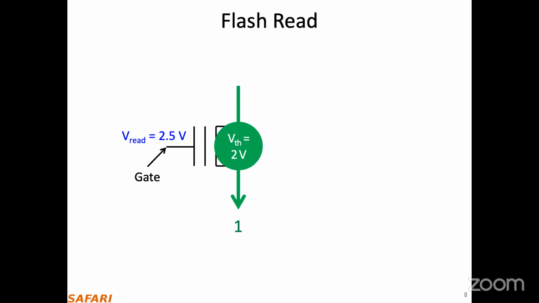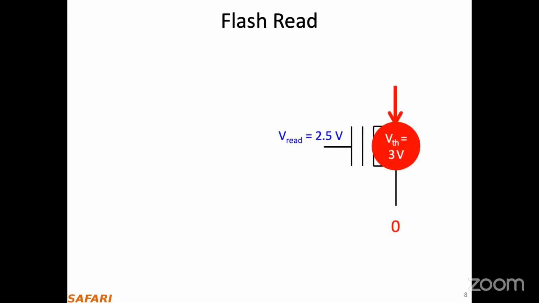So when you apply a reference voltage to your flash cell, and that reference voltage is something between the nominal threshold voltage and the maximum program threshold voltage, then if the transistor, which is your flash cell, is on and drains current, you encode this as 1. But if the threshold voltage is high, and the reference voltage cannot switch on your transistor, your flash cell does not drain current, and you encode it as 0.